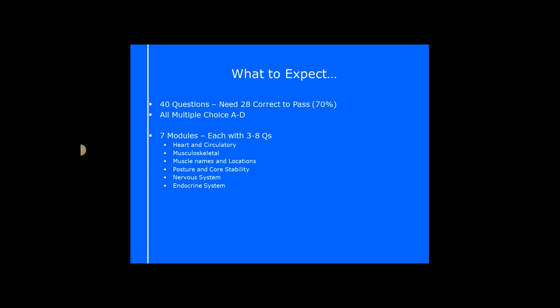But these 7 chunks are heart and circulatory system, musculoskeletal, muscle names and locations, so knowing the name of the muscle and where it is, maybe the insertions and origins as well, knowing your posture and core stability, knowing the nervous system, and also endocrine system as well. So alongside those, and energy system too, alongside those 7, you literally have a way of chunking down your exam.